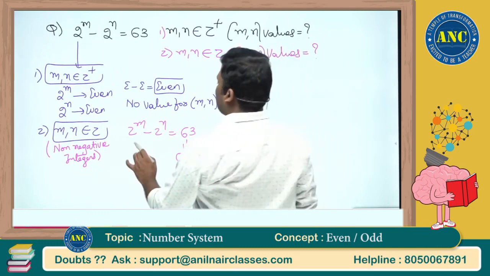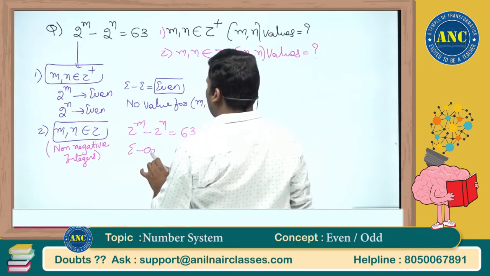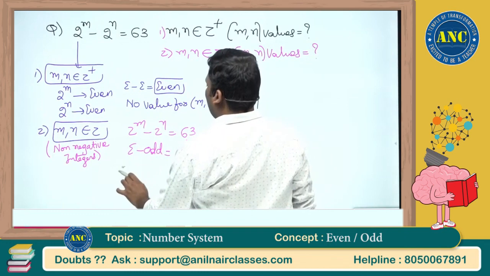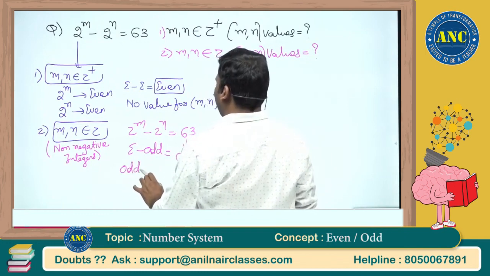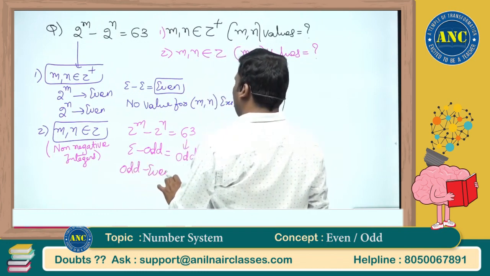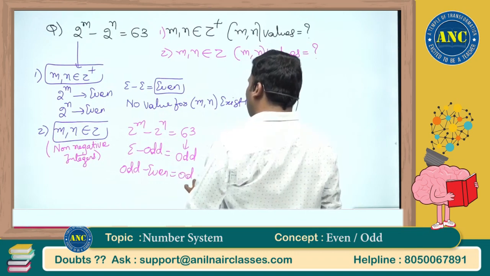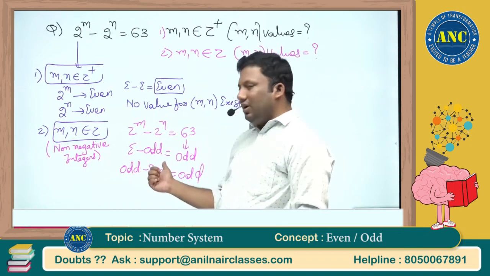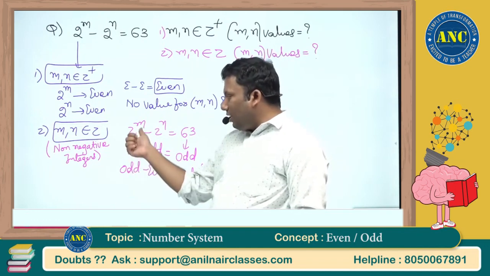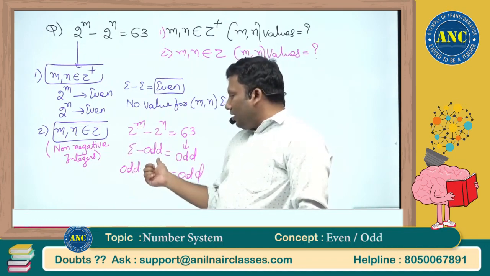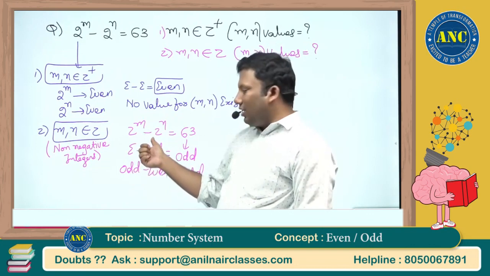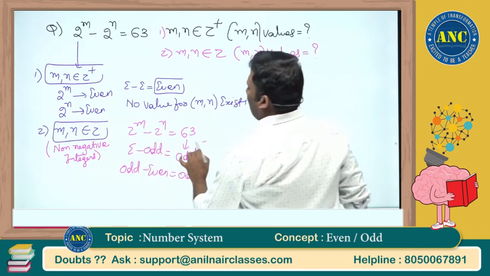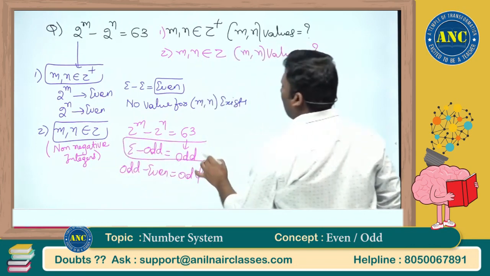No. So the case is even minus odd is odd, or odd minus even is odd. Are you all with me? If I take 1 and 2, 3, 5, now see here, even minus odd is odd.